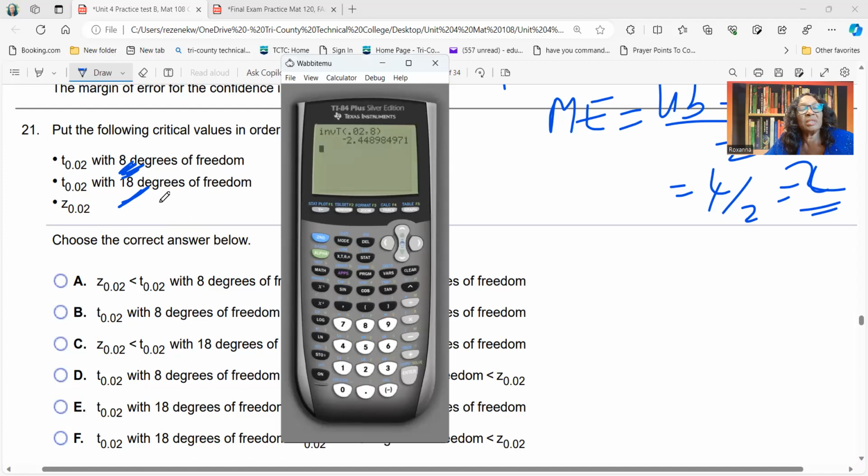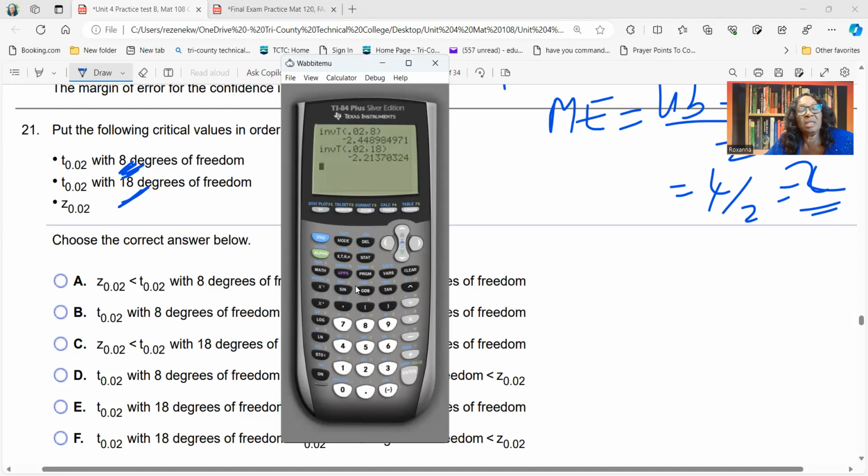For this one, we can also do that. I'll bring down second enter. That way I don't have to do it again. And then I would put 18 here. And I close parentheses. I hit enter. And this is negative 2.21.